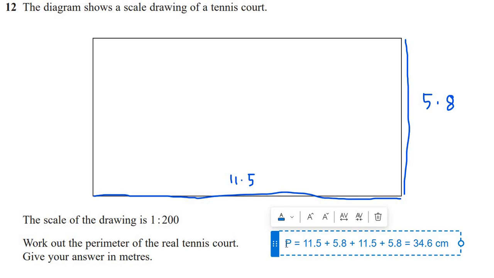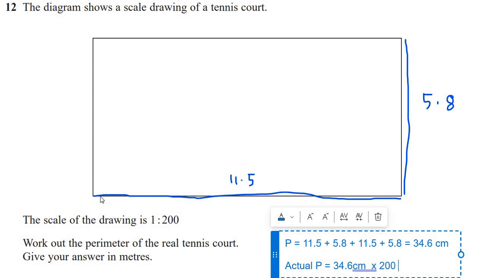All right, but we need to find the actual perimeter of the real tennis court. Now, because the scale is 1 to 200, the actual perimeter will be 34.6 centimeters times 200. So in real life, the actual perimeter is going to be 6,920 centimeters.